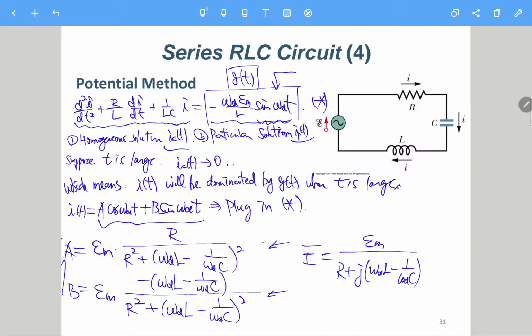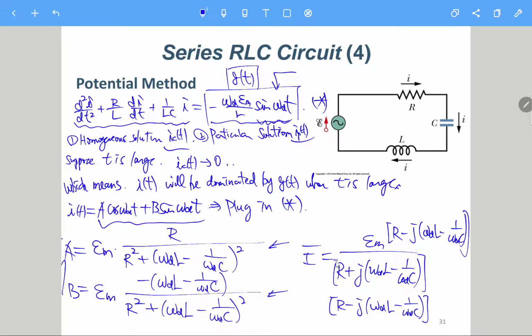and the numerator by the complex conjugate of the denominator, then you'll find you can just multiply it by this R minus J omega d L minus 1 over omega d c, and in the numerator you also multiply it by this factor. Then you can see that this is A plus B, this is A minus B, so it becomes A minus B squared.